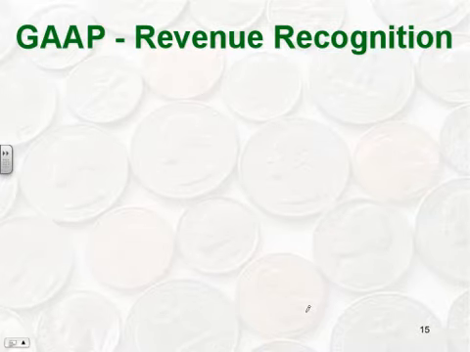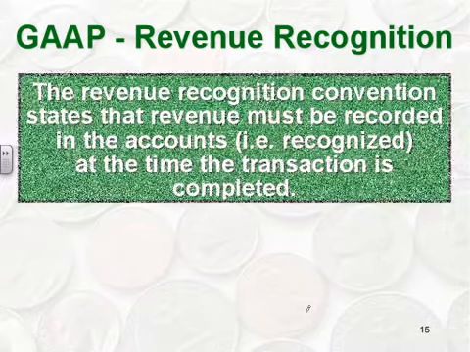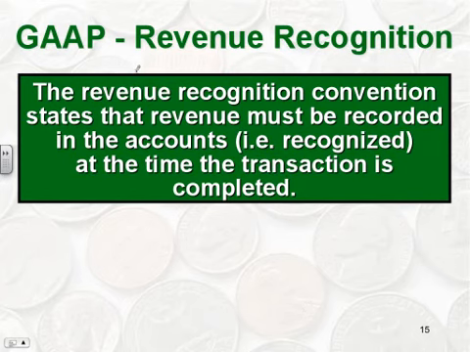The revenue recognition principle is really key, and we talked about GAAP and IFRS. We've done this already before, but this is really key to understand. The revenue recognition convention states that revenue must be recorded in the accounts at the time the transaction is completed, or like I always like to say, when the revenue is earned, not necessarily when it's paid for.